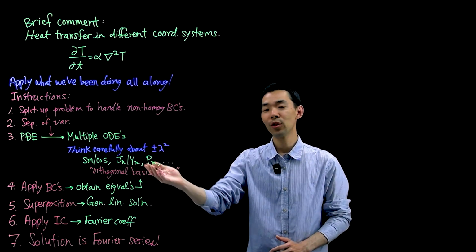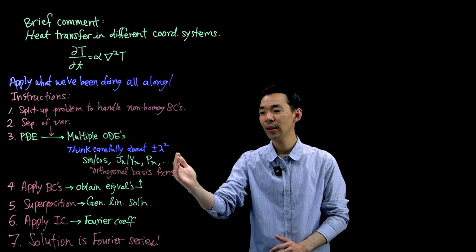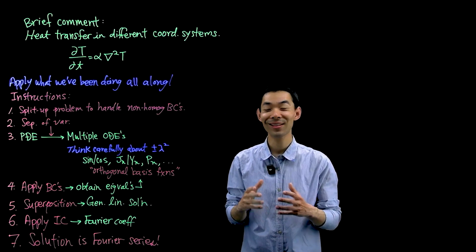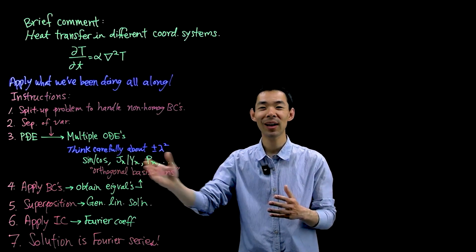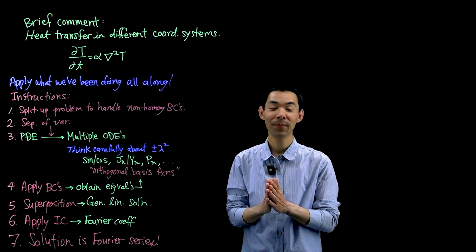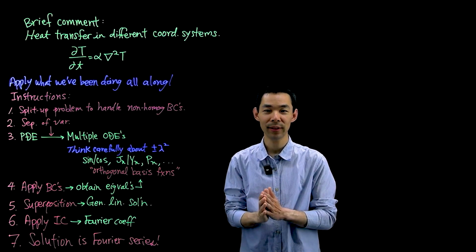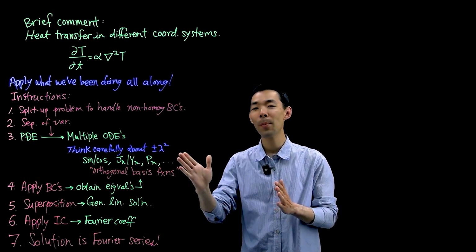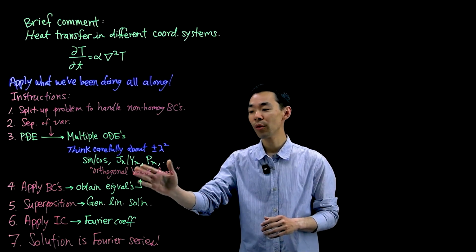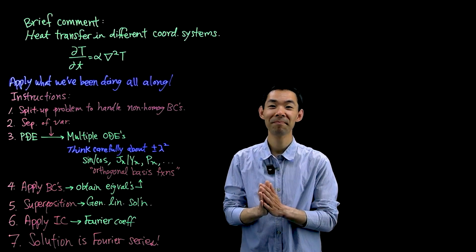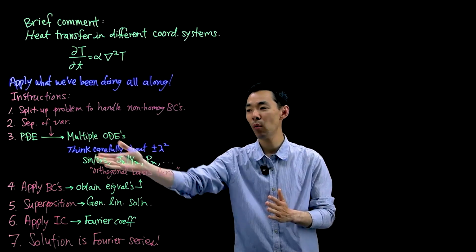If you're working with Legendre polynomials, P sub n, there are many more functions that are just like sines and cosines that are orthogonal. So the key point is that they are orthogonal functions. A lot of times they're called orthogonal basis functions or orthogonal eigenfunctions. So you want to think carefully about what you get here.